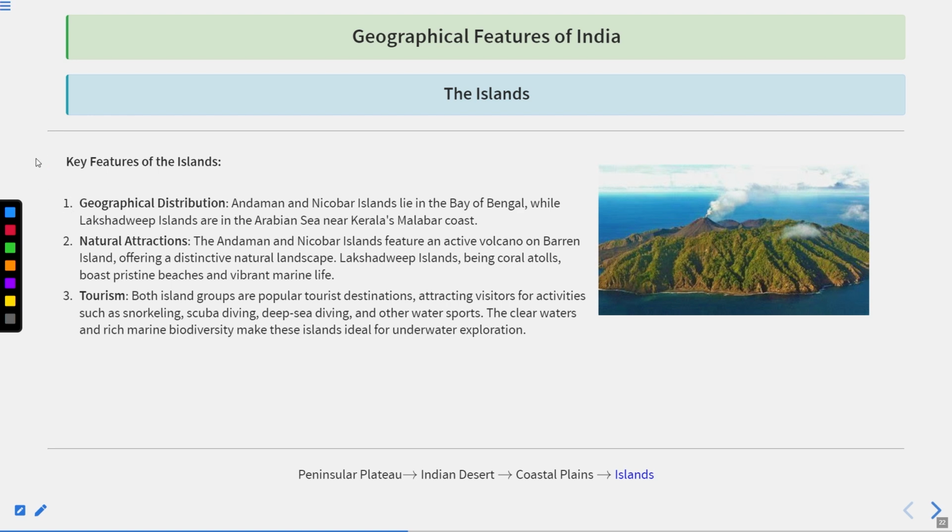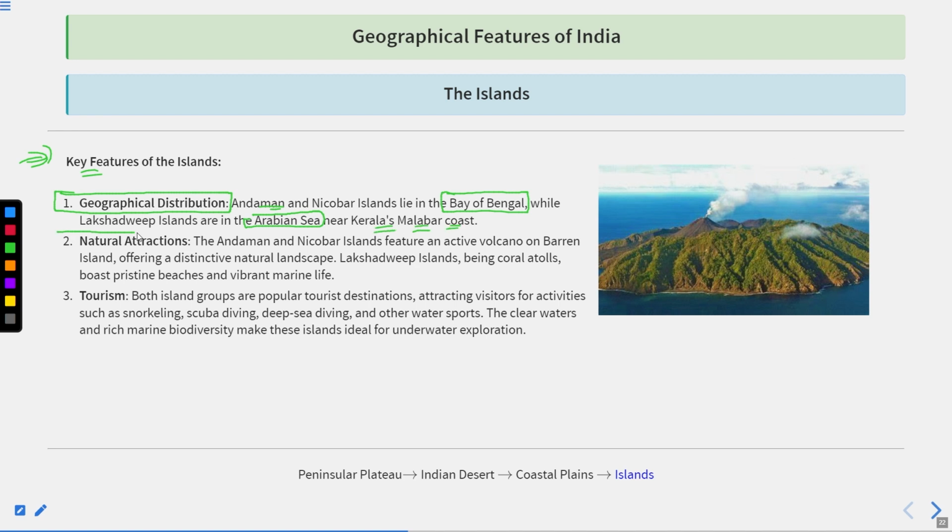If we talk about the key features of these islands, first is geographical distribution. The Andaman and Nicobar Islands lie in the Bay of Bengal, while the Lakshadweep Islands are in the Arabian Sea, near Kerala's Malabar coast.